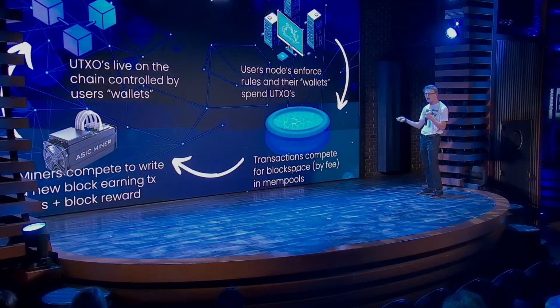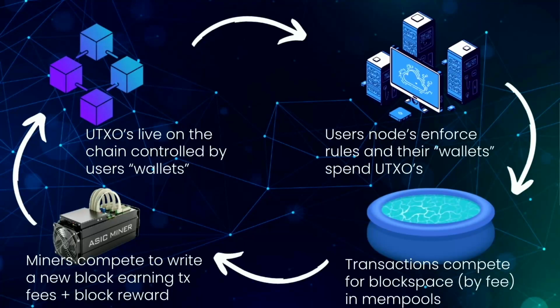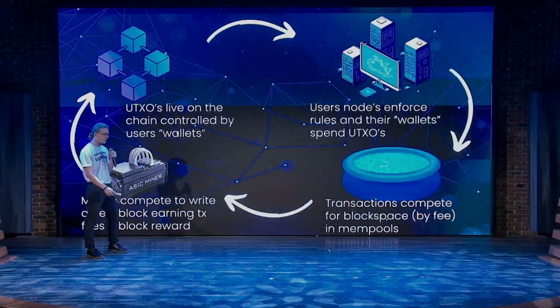I see this as a flywheel that feeds back into itself. So UTXOs live on chain controlled by users' wallets. So the users are owners. The users have nodes and wallets with their private key, and they're able to spend and move their funds as they please. But those funds, those transactions, move into the mempools that all of the different nodes are sharing. And from those mempools, the miners compete to write a new block, earning transaction fees and block reward.